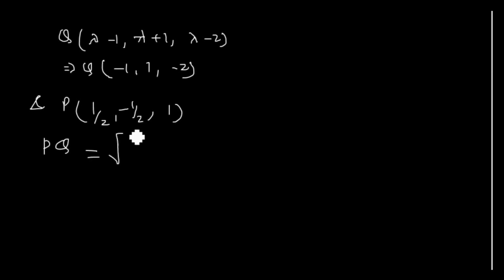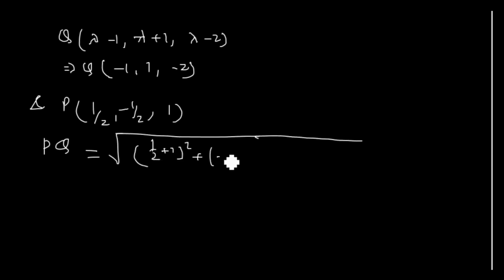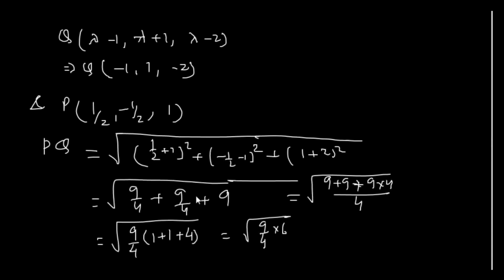We'll use the distance formula here: (x2 minus x1) the whole square. So (1/2 plus 1) the whole square, (minus 1/2 minus 1) the whole square, and (1 plus 2) the whole square. So we get the distance PQ as the square root of 9/4 into 6.